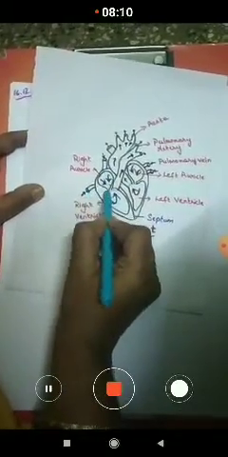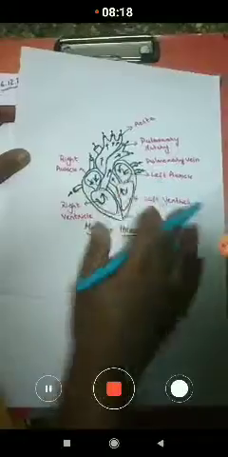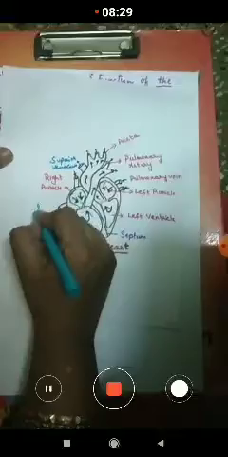Here in the upper part and the lower part you can observe this is the right auricle. To the right auricle these two veins are attached. Here you can observe this upper one is the superior vena cava, and here it is the inferior vena cava.